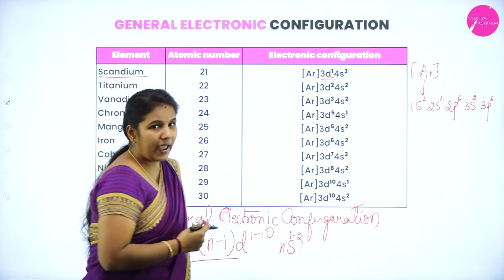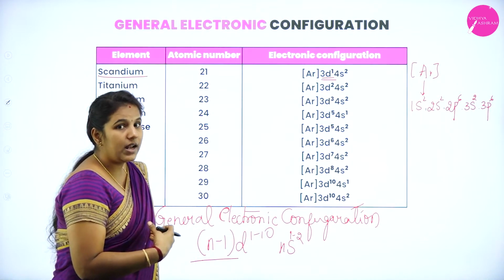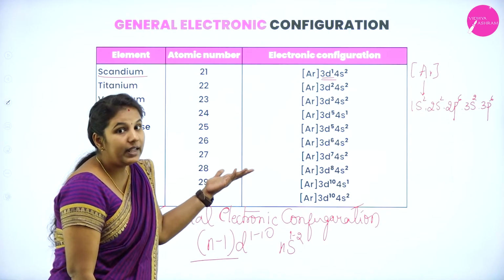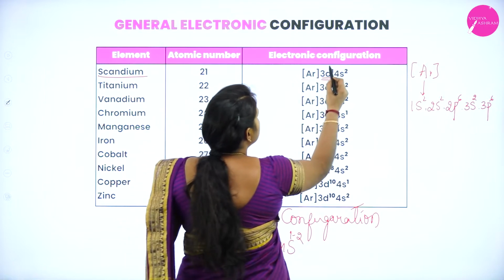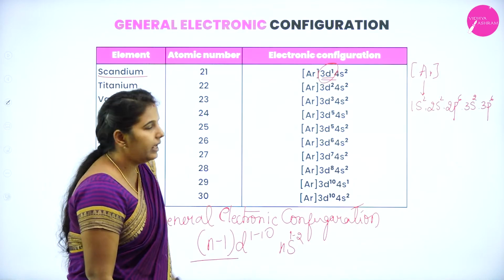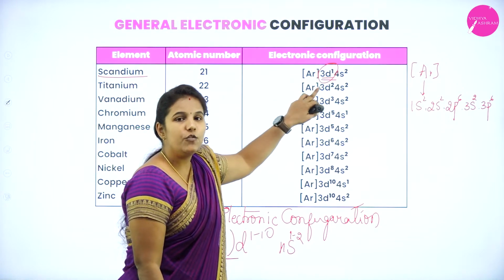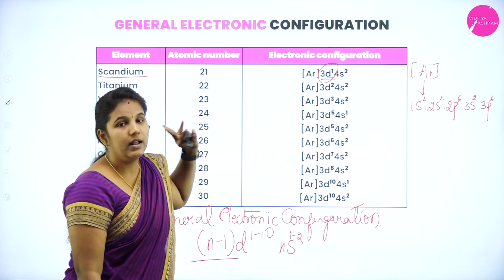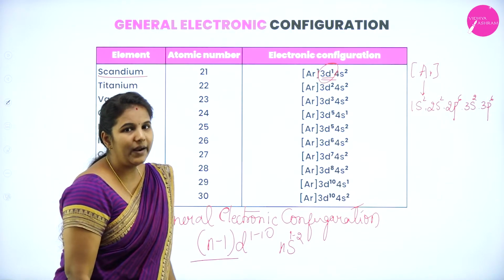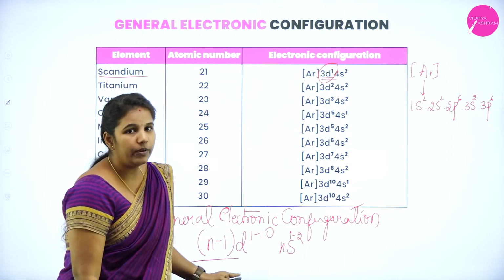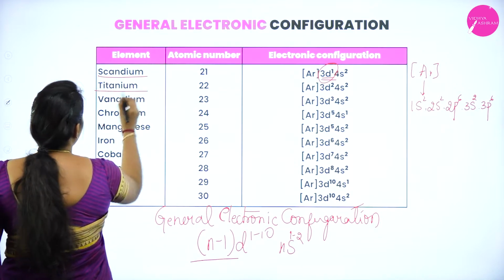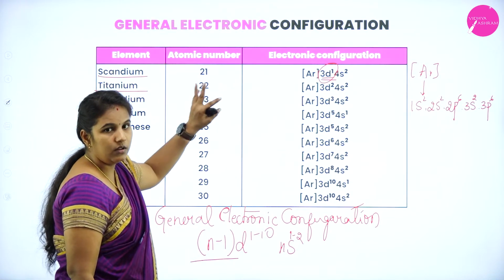So the last electron enters the penultimate shell, hence it is known as a D block element. In scandium, one electron goes to the penultimate shell, the 3d, so one unpaired electron is there in the d orbital, hence it is an example of the d block elements. Clear?